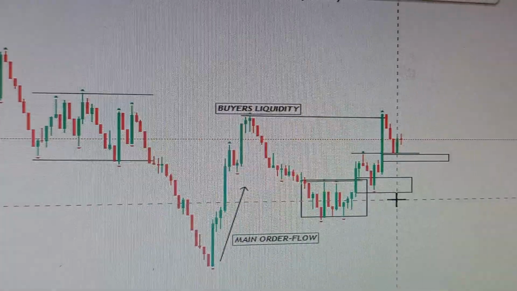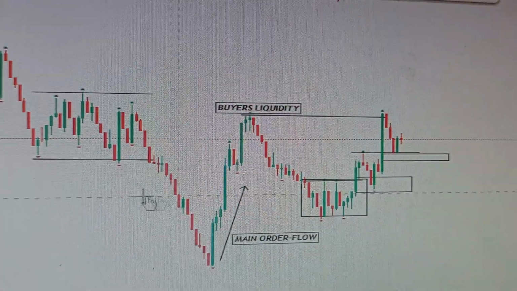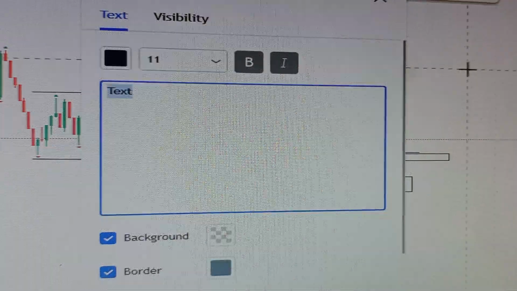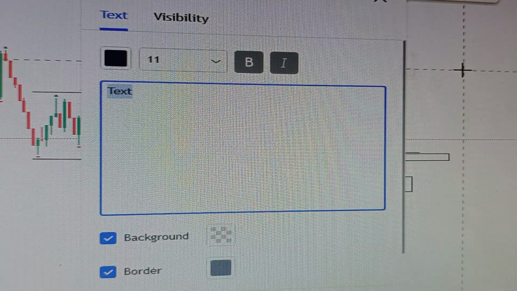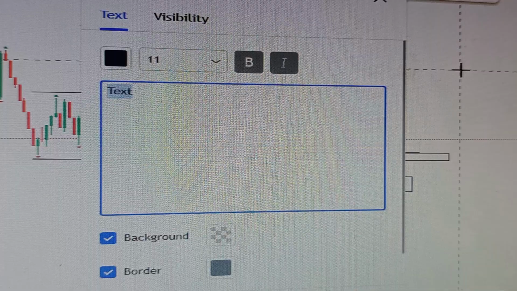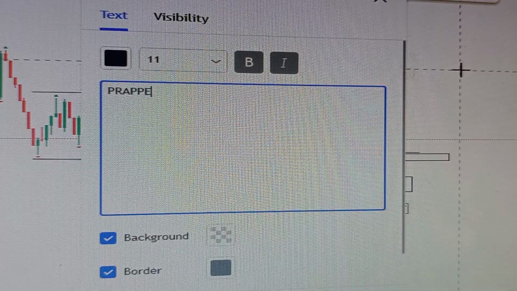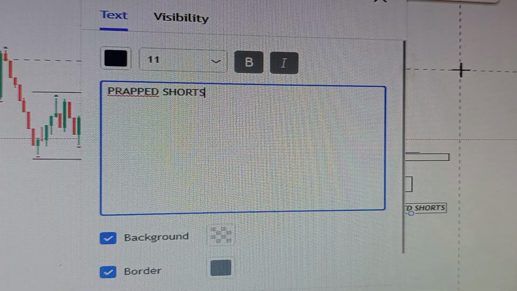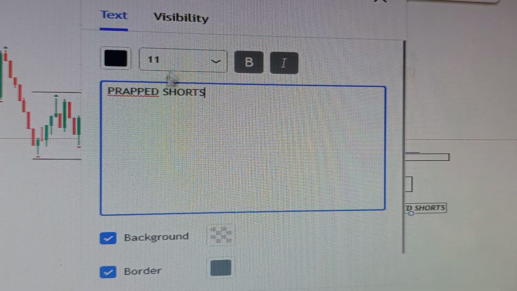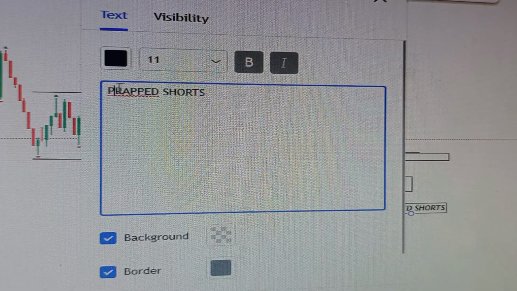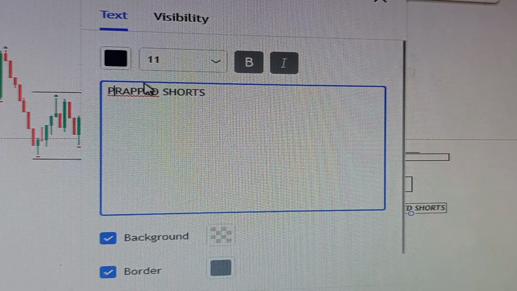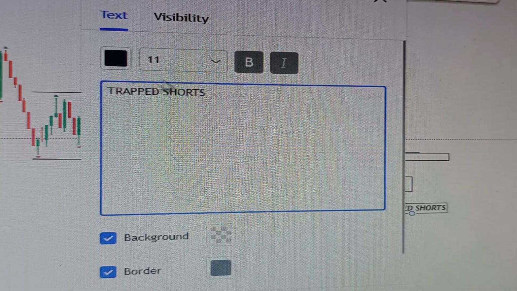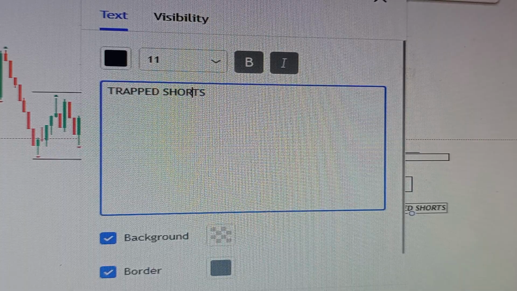This zone here is where you find impatient buyers and sellers. Myself, I call it trap shorts. They were trying to buy, they were trying to sell, but they were cut short by the market. They were trapped short by the market.